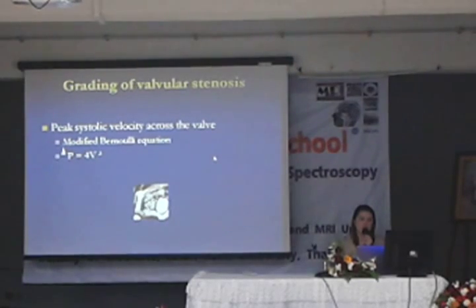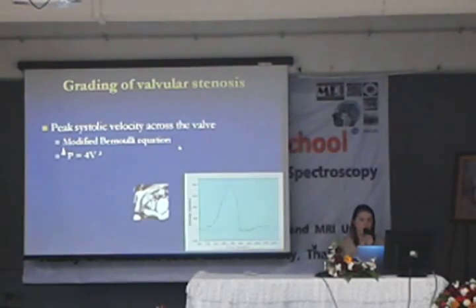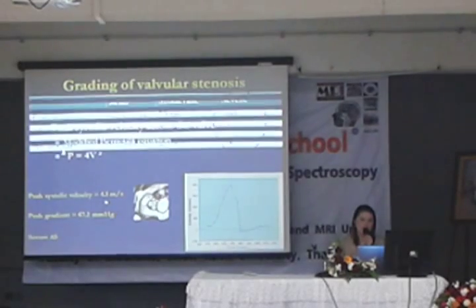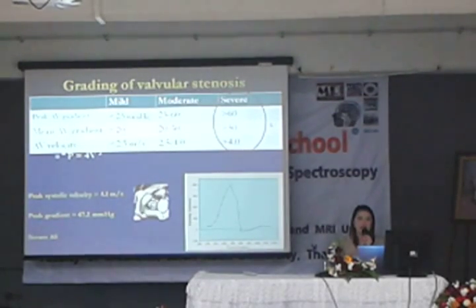We use phase contrast for grading valvular stenosis. In this patient, the calculated peak systolic velocity is 4.1 and the peak gradient is 67.2. So this patient has severe aortic stenosis, because the velocity is more than 4 and the peak gradient is more than 60.